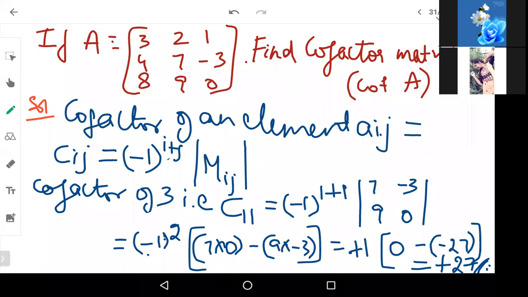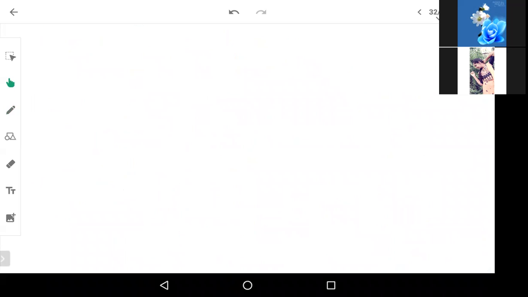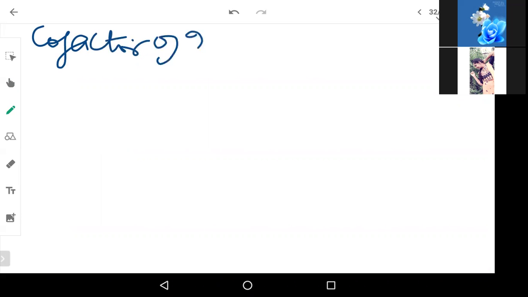Now let us find the cofactor of 2. You can start solving. People who have understood, you can go on solving for the other cofactors. Now next, cofactor of 2. 2 is in the first row and which column?